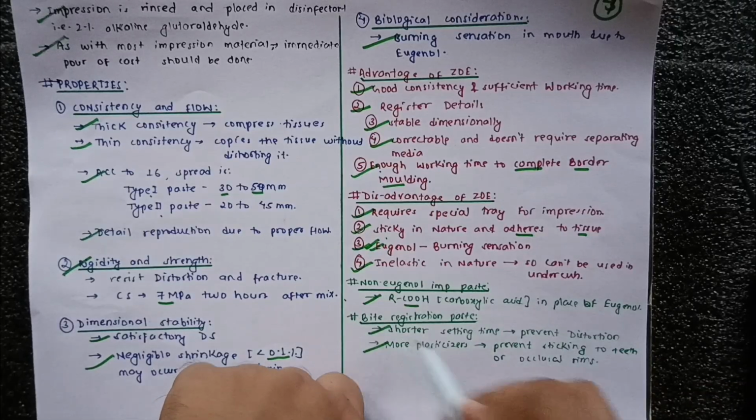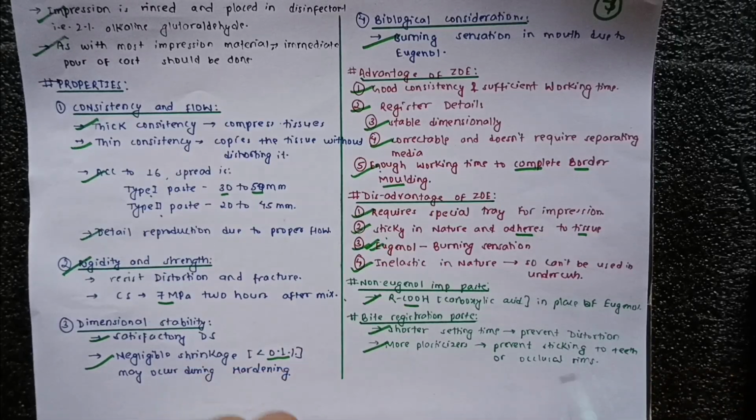Also a shorter setting time prevents the distortion. So for the bite registration paste we have a shorter setting time. It should set faster so that we can take the bite registration.